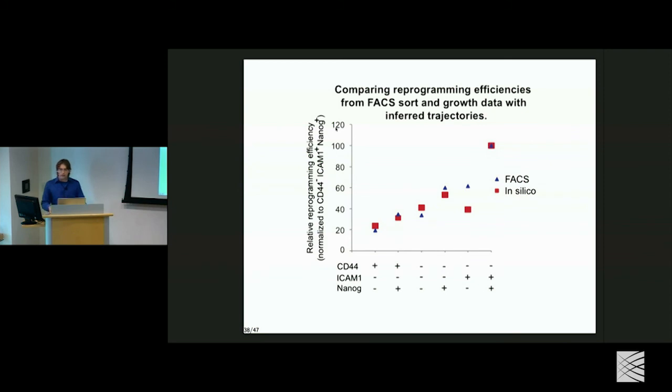This would be the probability that the descendants of this cell end up as an iPS cell, and our in silico experiments, just by identifying the transport map, agree with the FACS-sorted experimental data for these subgroups of cells. So maybe we could also believe them for other subgroups of cells.